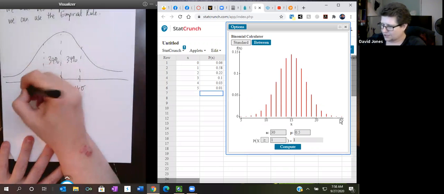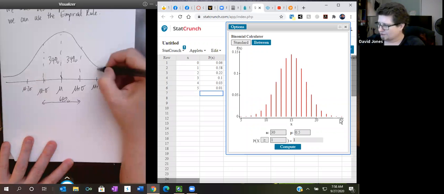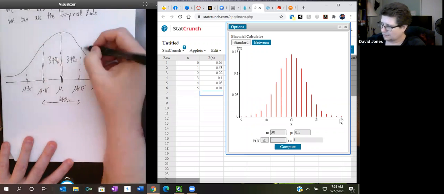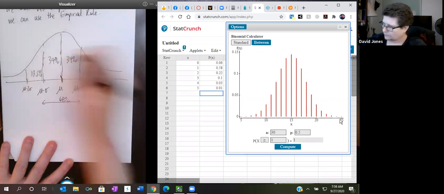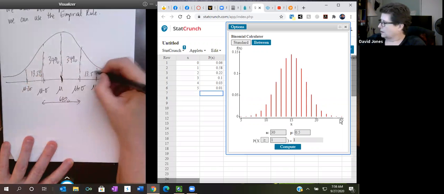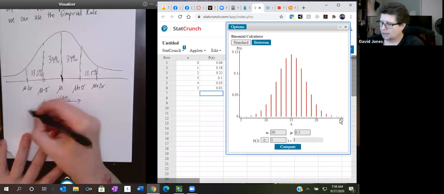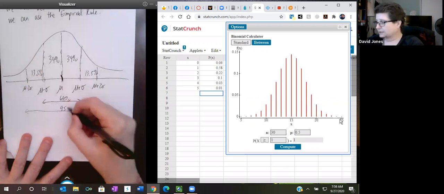If I go out to two deviations, -2 and +2, each of these is 13.5%. And that gets us about 95% right here.